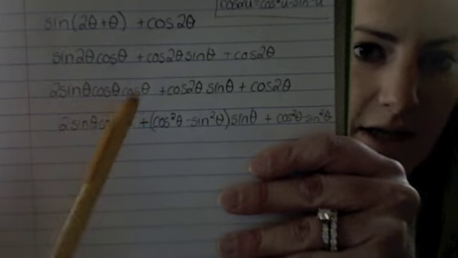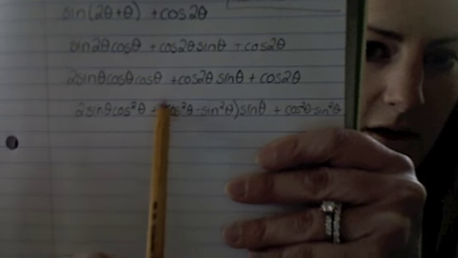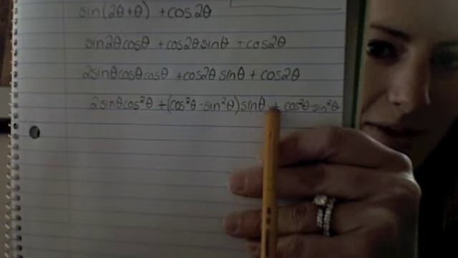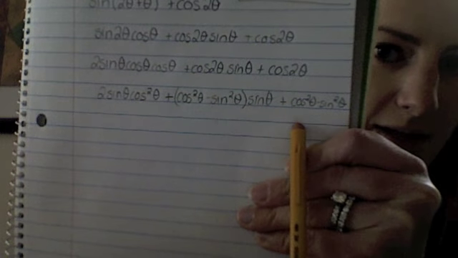And then I'm going to replace the second cosine 2 theta as well with cosine squared theta minus sine squared theta. So all I did here is replace the cosine 2 theta over here with cosine squared theta minus sine squared theta, and I replaced the other cosine 2 theta with cosine squared theta minus sine squared theta. Okay?